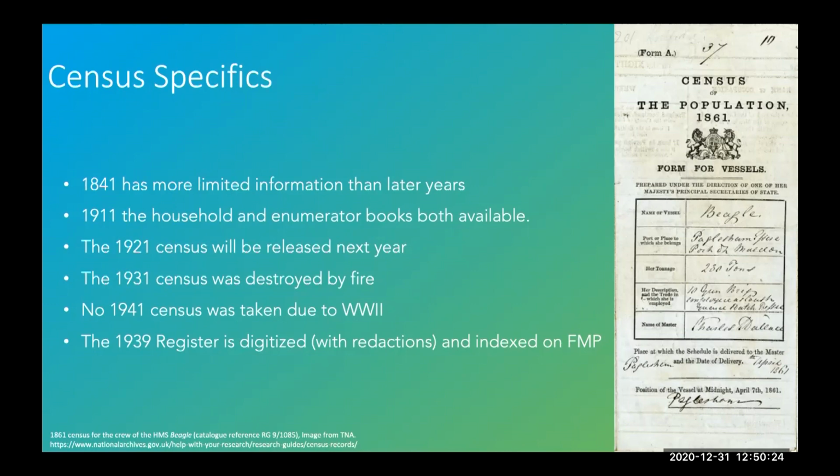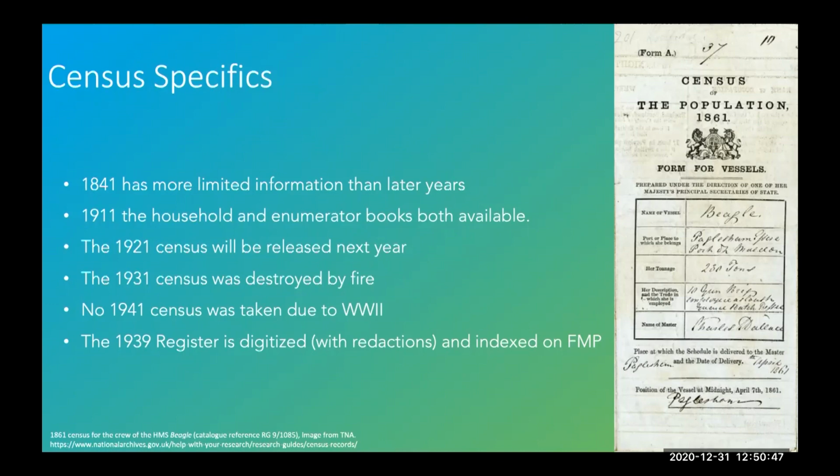But if they're enumerated in the country they were born in, you're going to get the town or village or parish and the county name. You also get marital status and precise relationships and precise ages. This is true going forward after 51. After 61, they start adding a few more details about physical disabilities and employment.